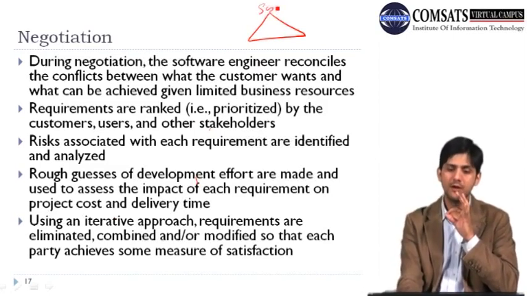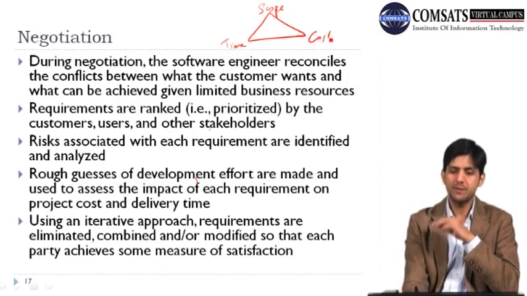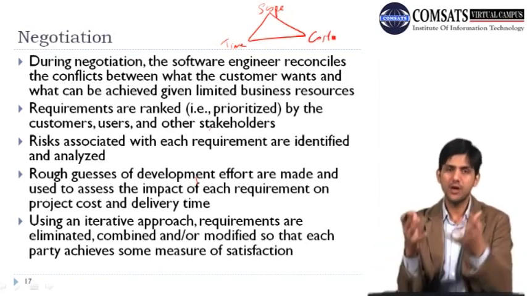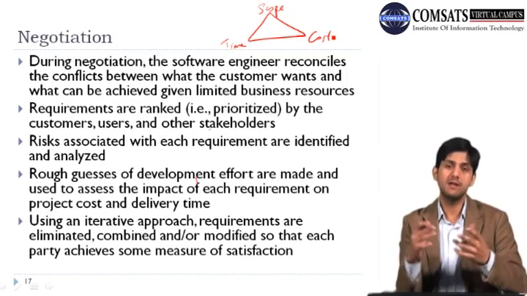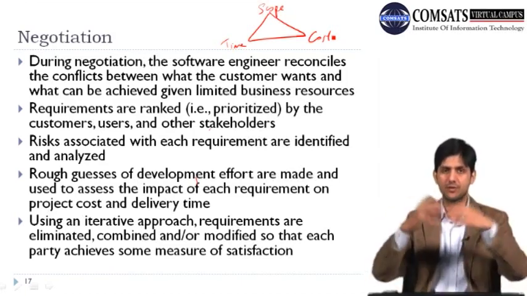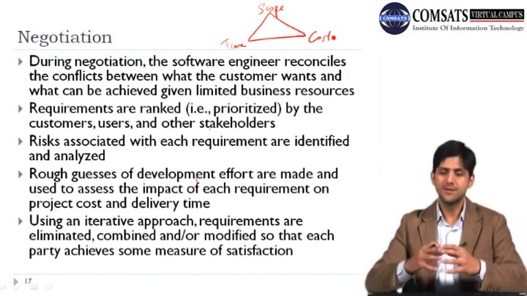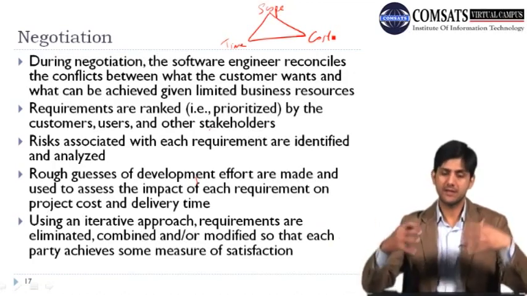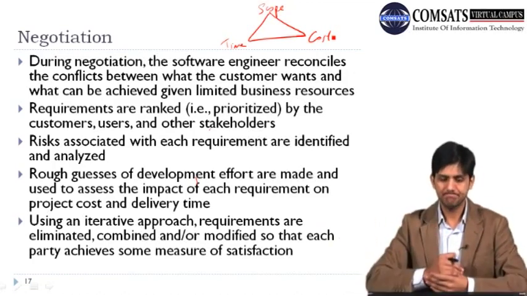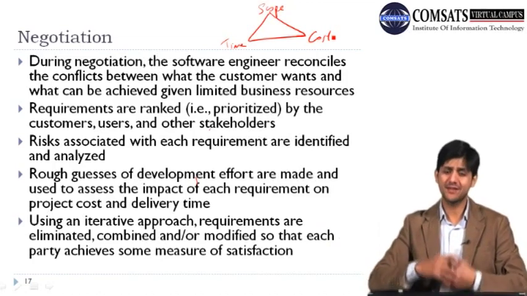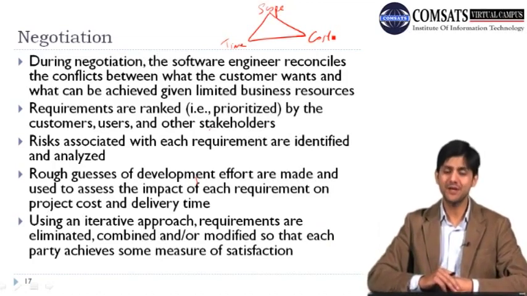One is the scope of the system, the other is the time, and the cost. Some people say that there are four constraints and they put quality into it, but others believe that because quality should be everywhere, they just say that it's going to be there. More commonly people say that there are three constraints, and these are referred to as triple constraints.